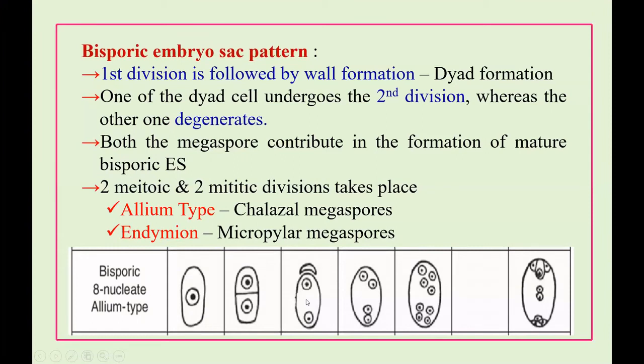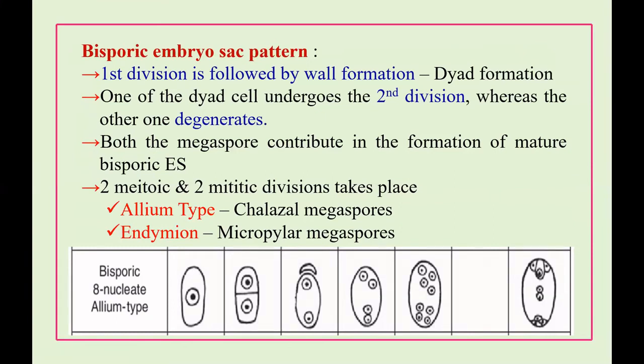And both of these megaspores contribute to the formation of the mature bisporic embryo sac. Here, one of the cells in the dyad degenerates, and the other will divide into two, and both of them will contribute to the formation of the mature bisporic embryo sac.